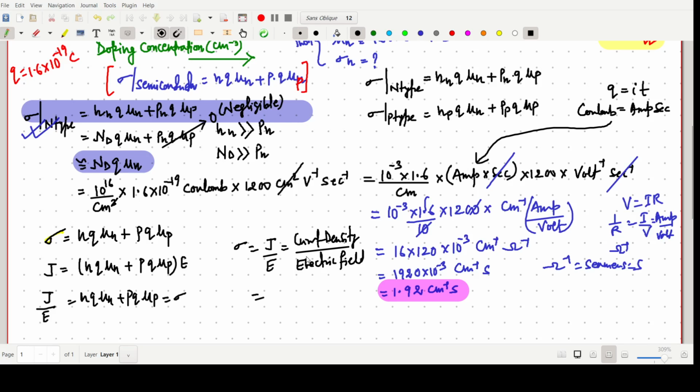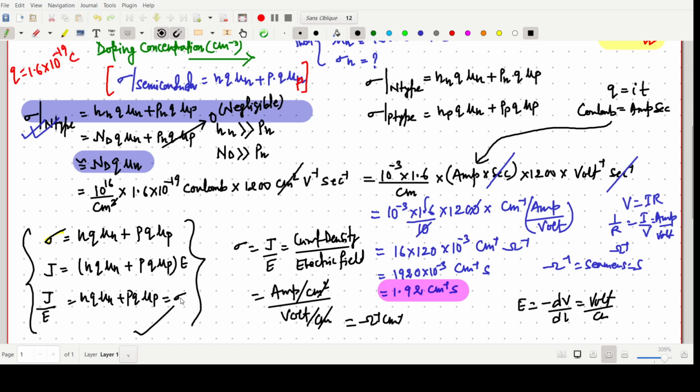The current density unit is ampere per unit area, centimeter square. The electric field is dV by dL, volt per centimeter, that is our E. This formula is very important. So it is ampere by volt, which should be our ohm inverse centimeter inverse. These are the very important formulas.